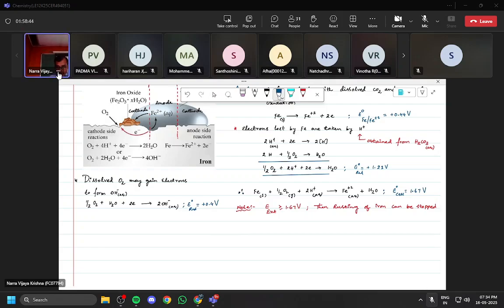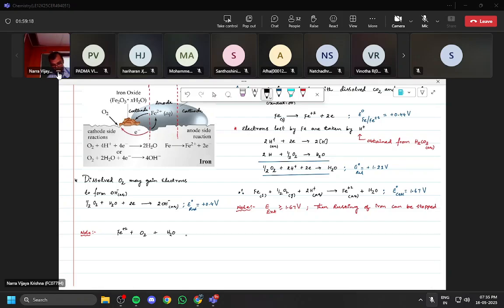So we can write a few more reactions also. Observe this reaction. They have given one more reaction: Fe plus 2, with O2, gives rise to something plus H2O.